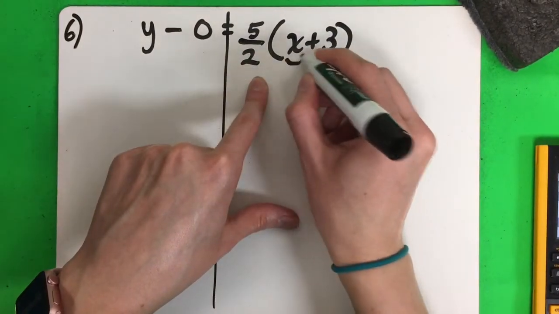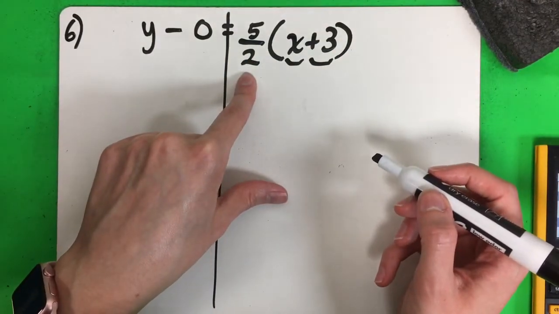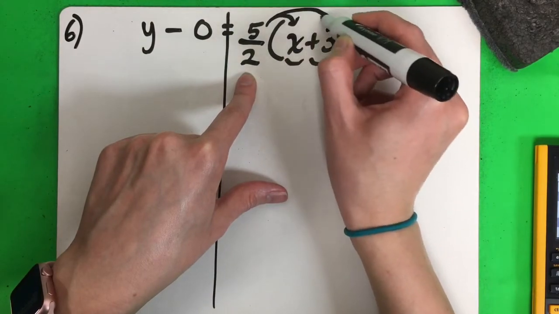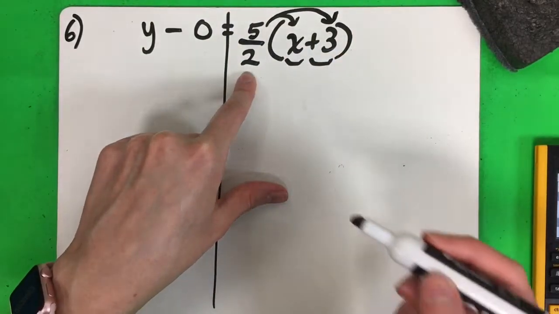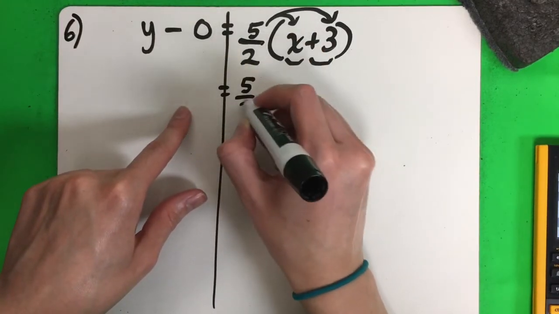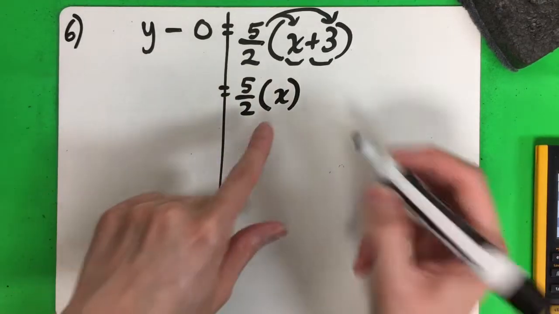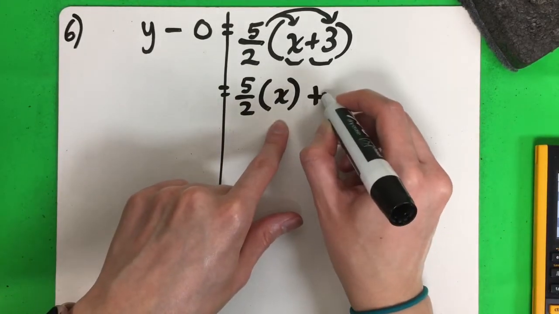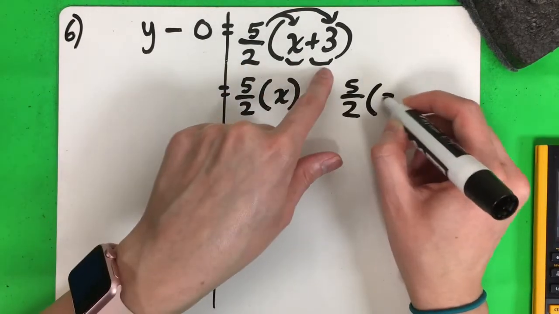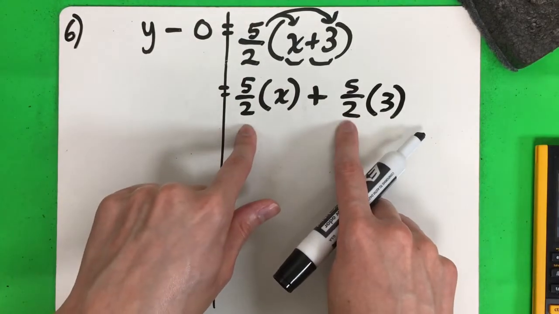I have 2 things in the parenthesis, and I have 5 halves outside, and I'm going to do 5 halves to x and 5 halves to 3. So I'm going to put 5 halves, parenthesis, x, parenthesis, and then always a plus. Again, 5 halves, parenthesis, 3, parenthesis. So remember, you're going to repeat that 5 halves 2 times.